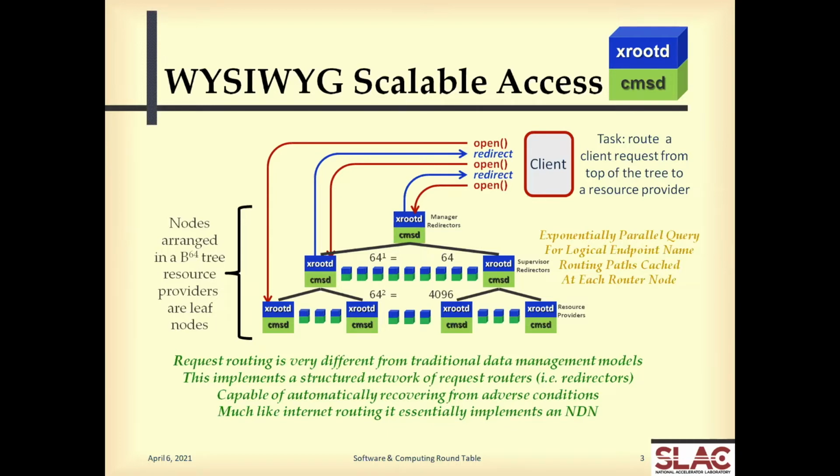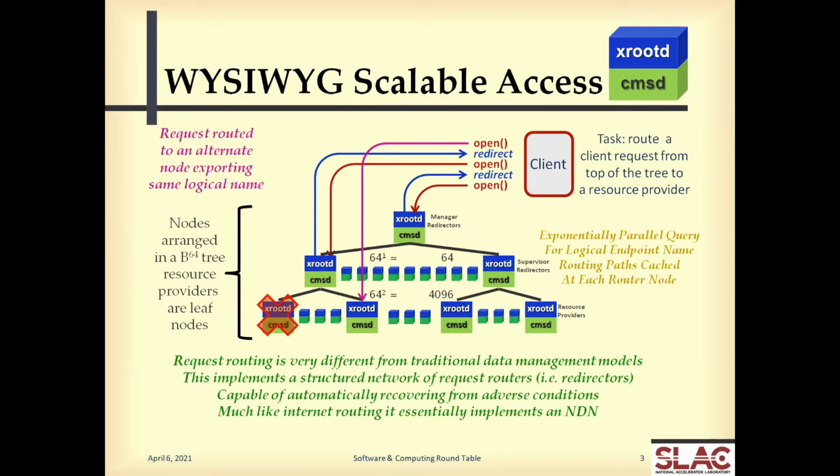But the big difference is this practically implements a named data network. So let's say that server went away, and now the client tries to find an alternate path. It'll go through the same sequence, but it'll be routed to a different data access provider that is still working. So that's how the whole scalable access works.